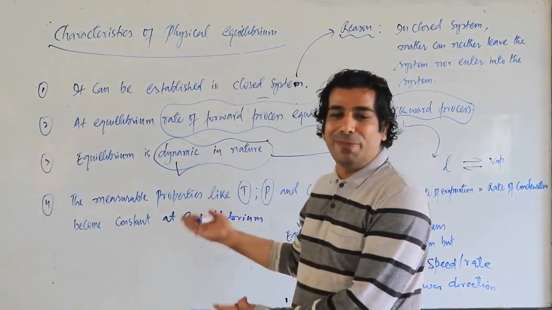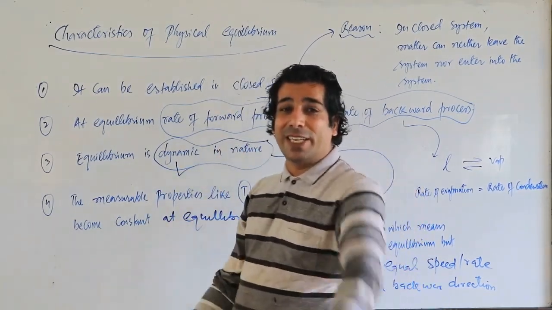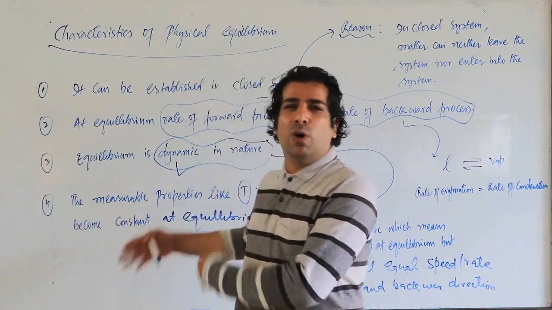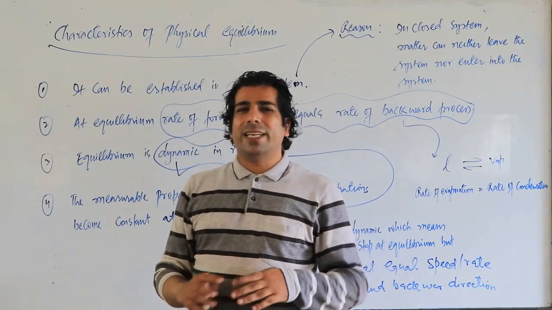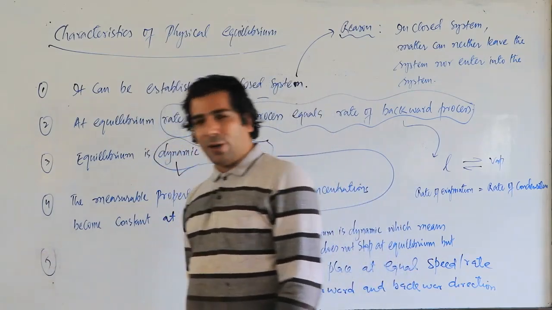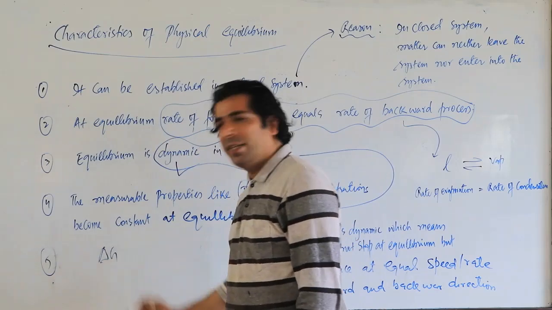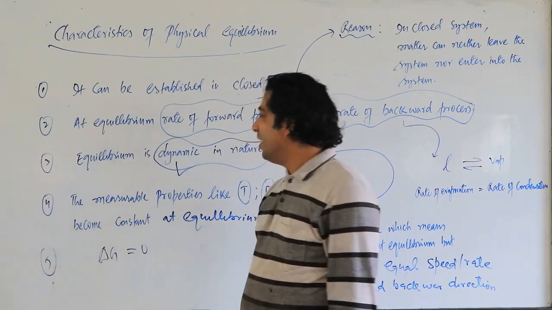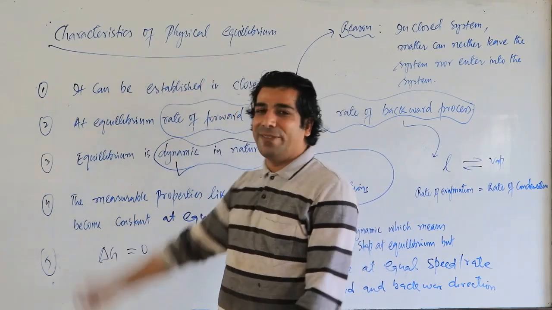And you can add more points here, which we will add in the chemical equilibrium topic. But here, one more point I would like to add is delta G, the change in Gibbs free energy. That will obviously be zero at equilibrium, my dear friends.